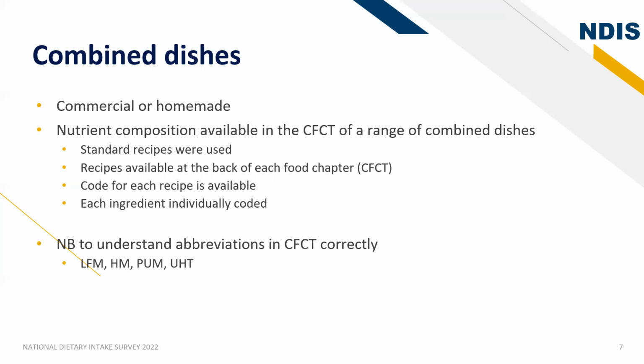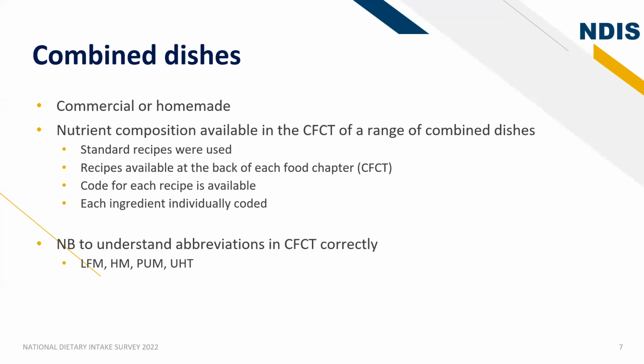So the nutrient composition available in the condensed food composition tables, there's a range of combined dishes in there. So standard recipes were used, and recipes are available at the back of each food chapter. So at the back of, for instance, your starches, you'll have a lasagna or a macaroni and cheese.